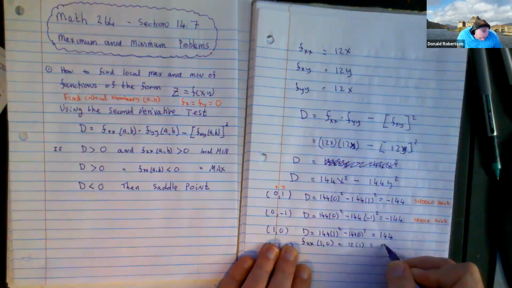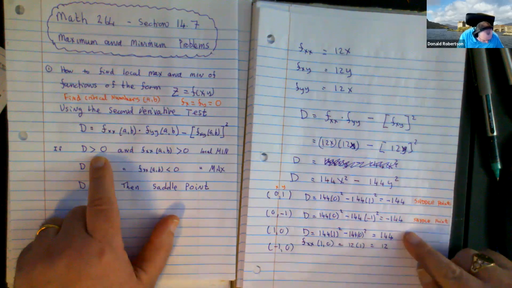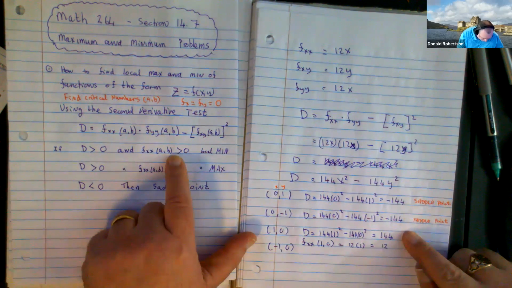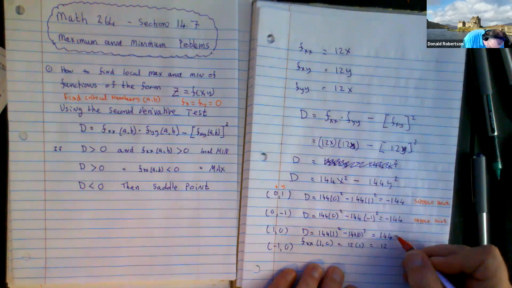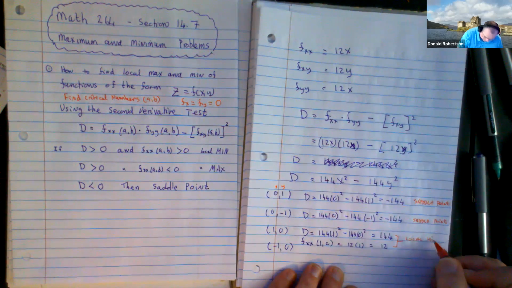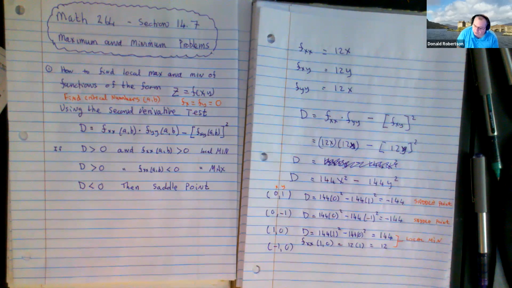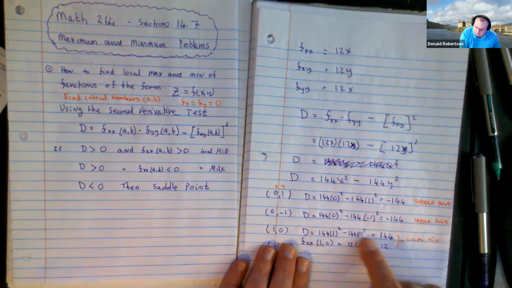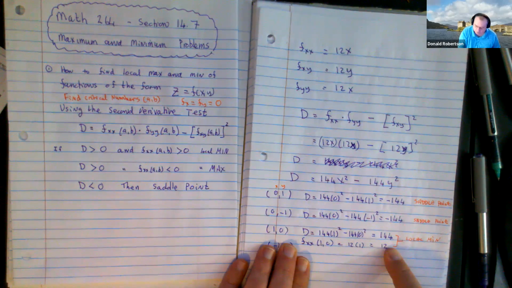So what do you get when D is positive and its second derivative is also positive? Well, when that happens, you get a local min. Are we good? D is a positive number, the second derivative is a positive number. When those two happen, you have a local min.